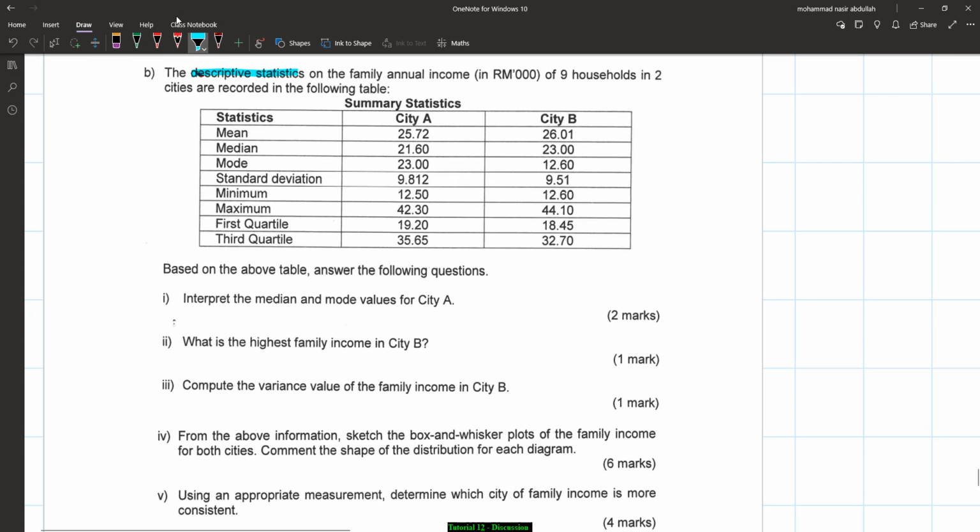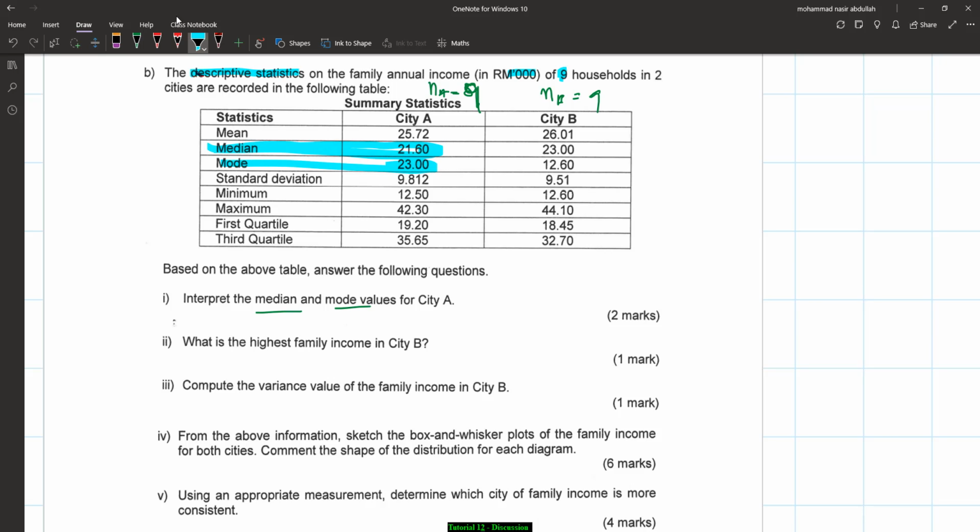Descriptive statistics on family annual income in thousands of 9 households in 2 cities. Right, so we know that this is NA equal to 9 and NB is also equal to 9. Right, so interpret the median and mode for city A. So for city A, median is 21.6 and mode is 23.